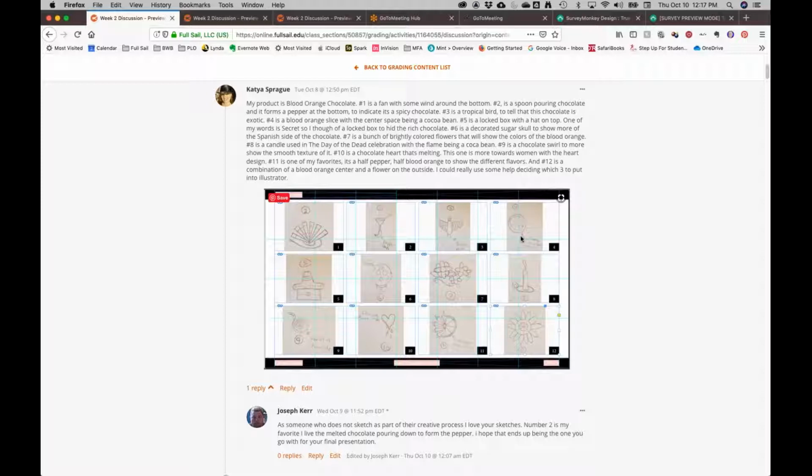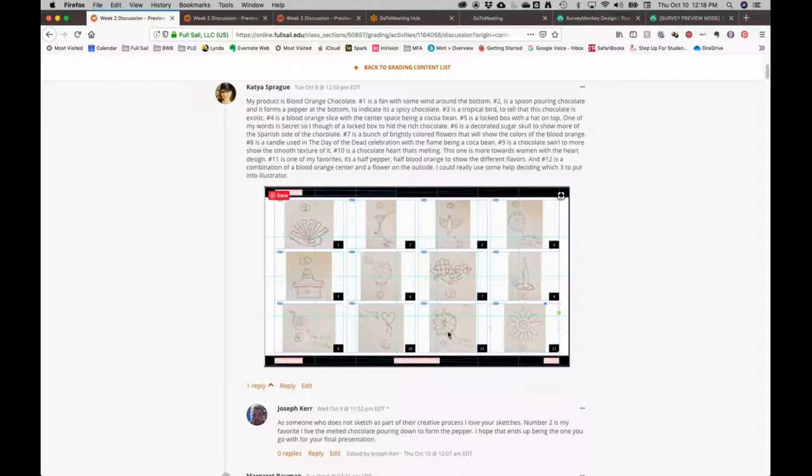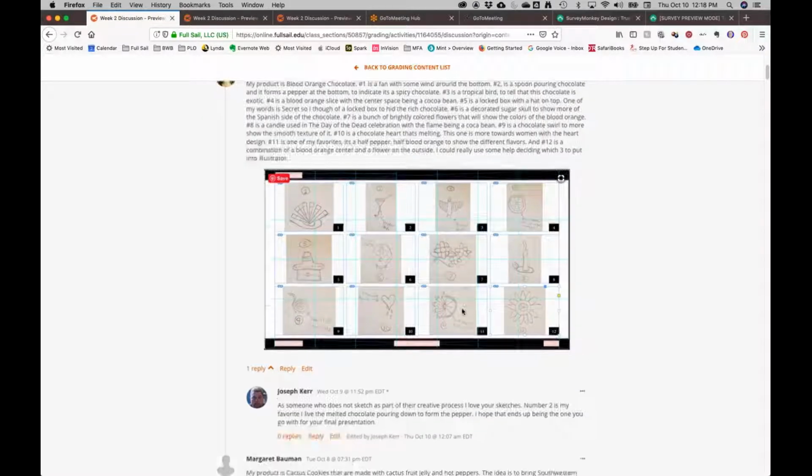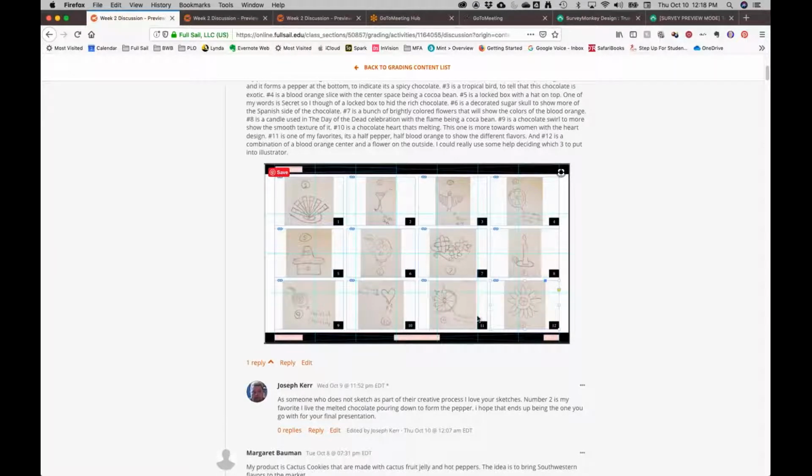So maybe there's elements of orange in the bird, perhaps. Otherwise, maybe the fan. I think this needs to be thought through a little more. So you got a few good ideas there. Keep going and see if you can refine a couple of them, get them where you like. So number 11, 12, and 3, or maybe 1.